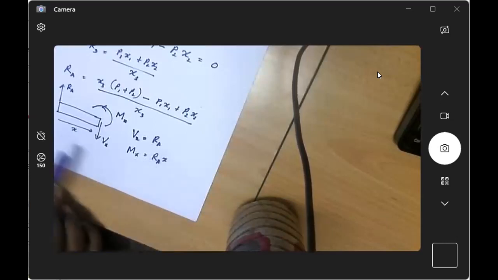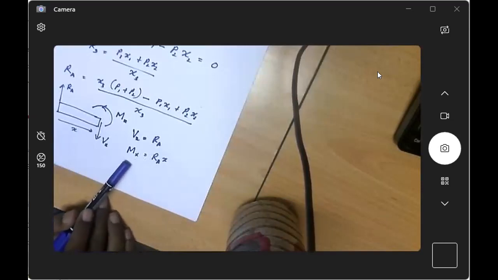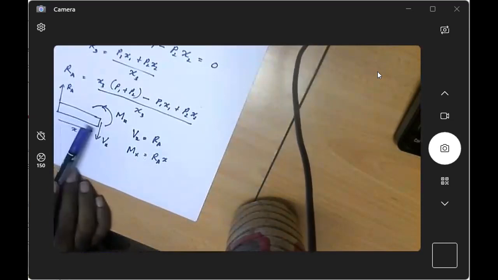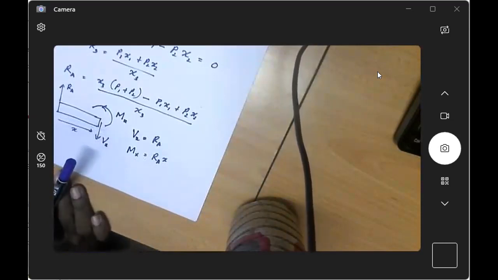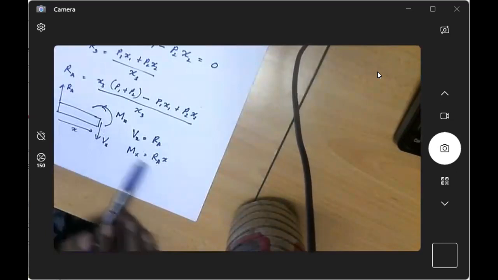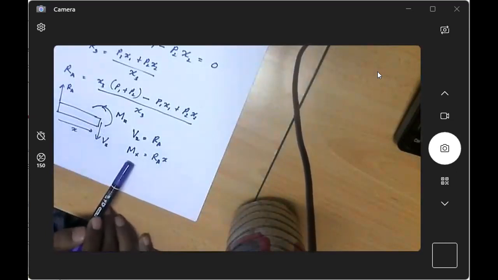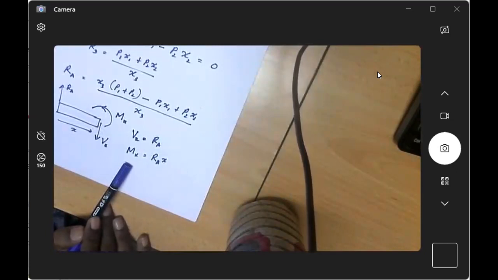That means the bending moment is going to change depending on the point which you are going to consider on the structural component, right? So in this case, when the distance increases, your bending moment is also going to increase.